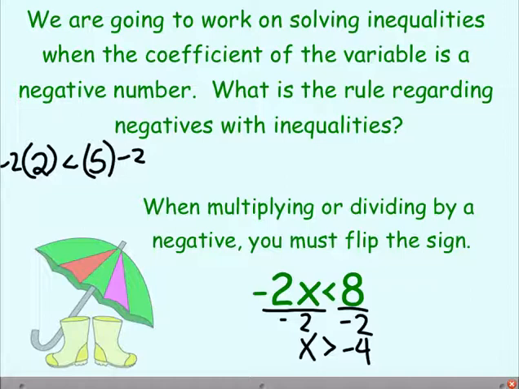But in this case, when we multiply or divide by a negative number, we get -4 on the left, -10 on the right, and that less than sign in the middle is no longer true. So we need to make sure that we keep a true statement and flip it so that we have a greater than sign.